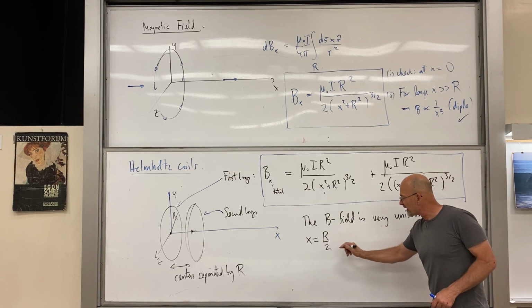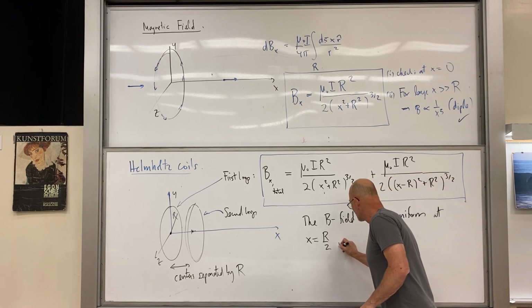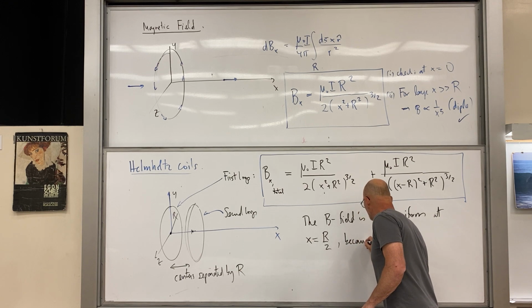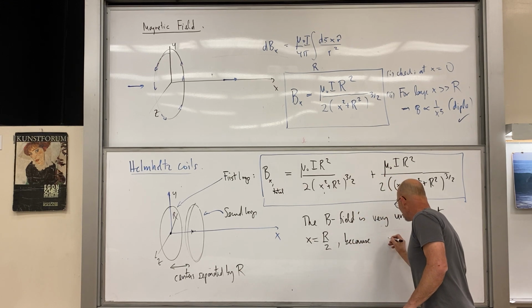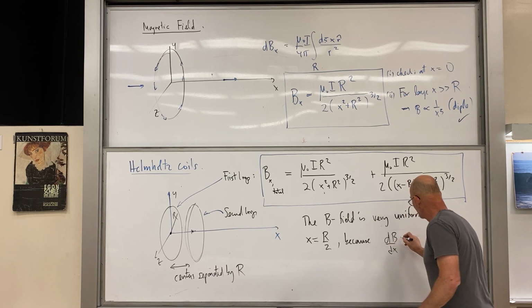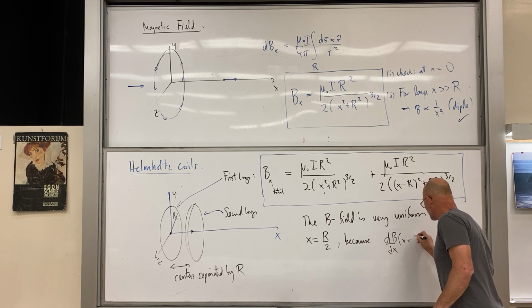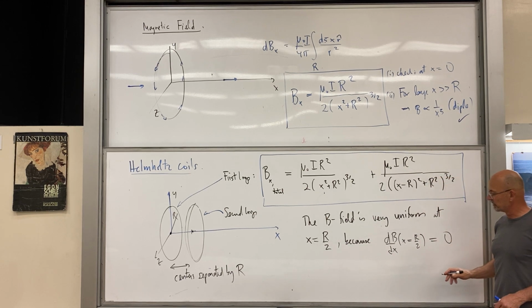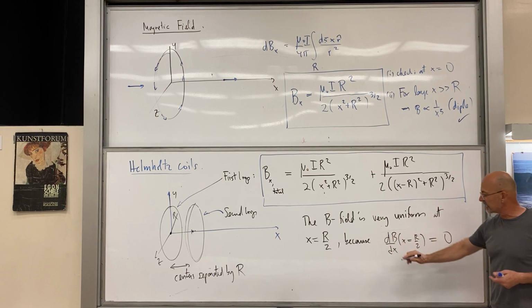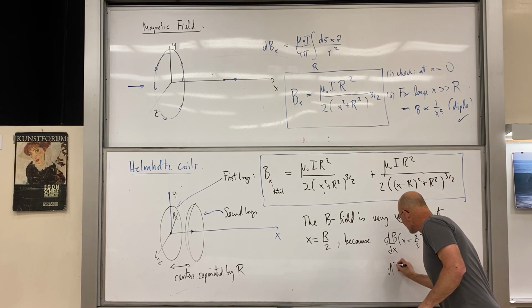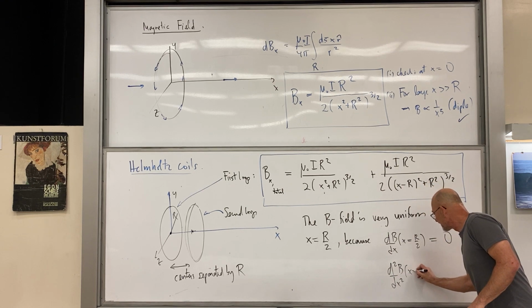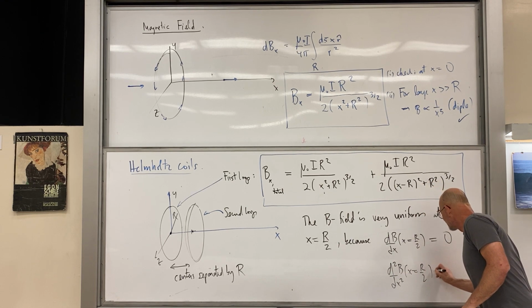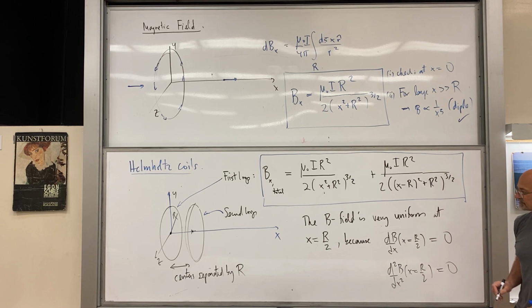And the way you prove that is, you have dB/dx at x equals R over 2 vanishes, right? So it's somewhat constant there, but also the second derivative at x equals R over 2 is also equal to 0.